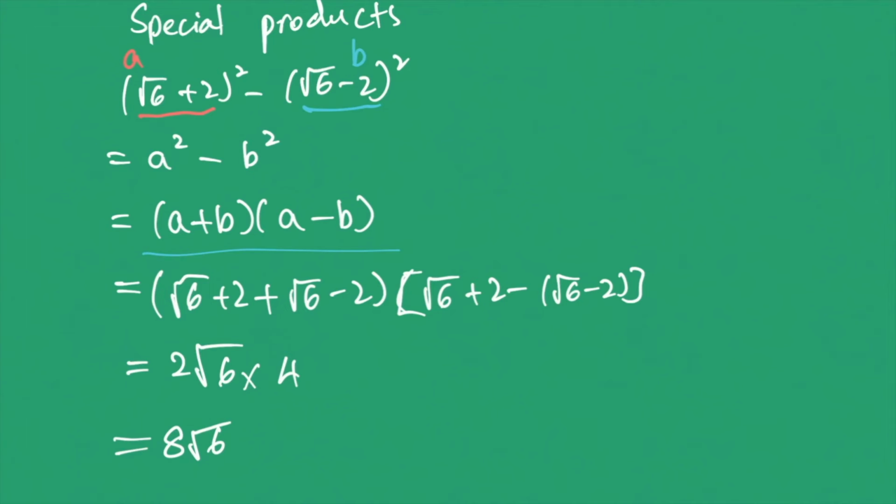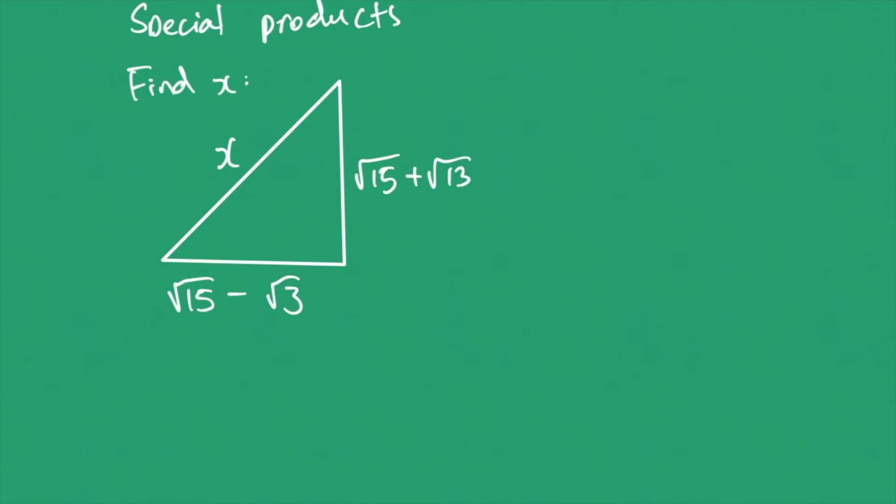Okay, let me show you a question including the Pythagoras theorem. We know that Pythagoras theorem is the sum of the squares of the two short sides equals the square of the long side.